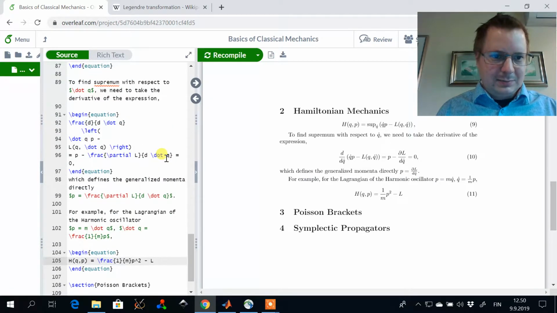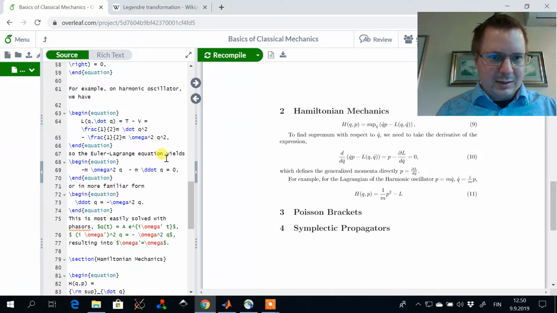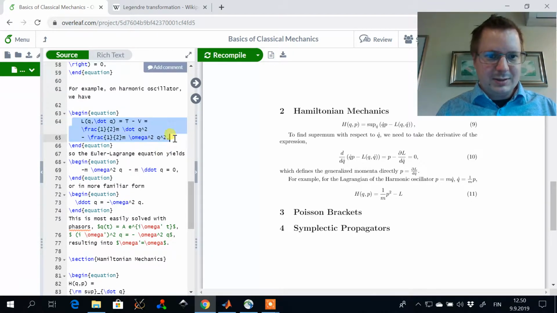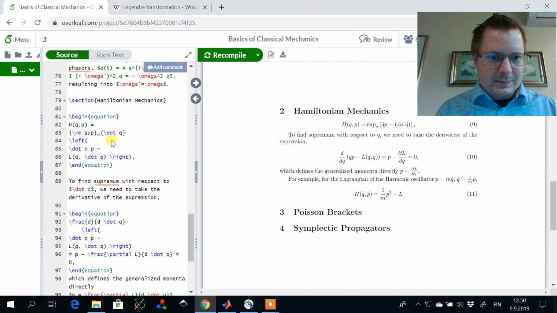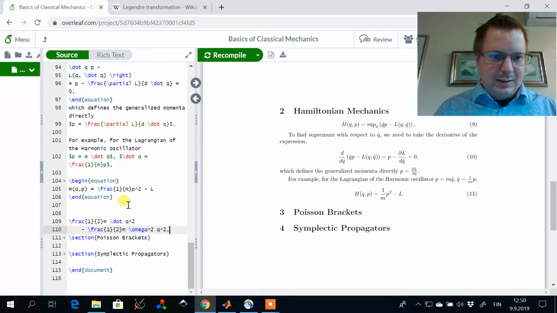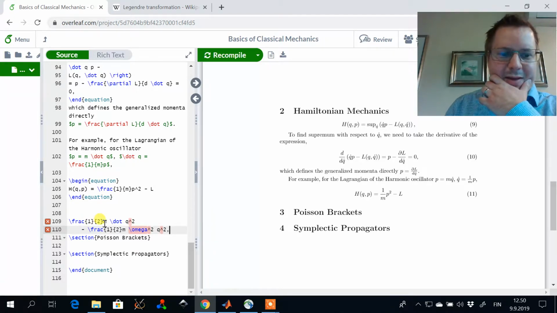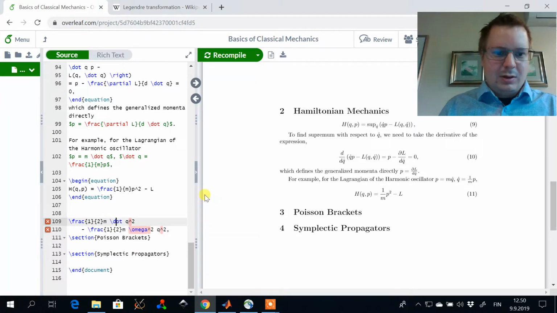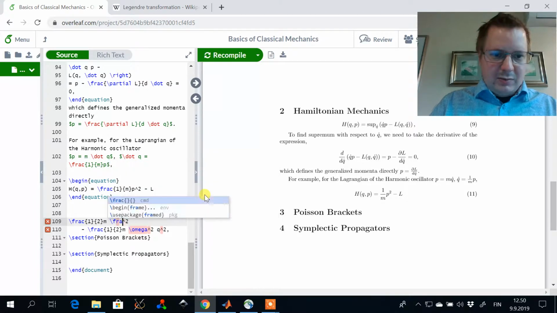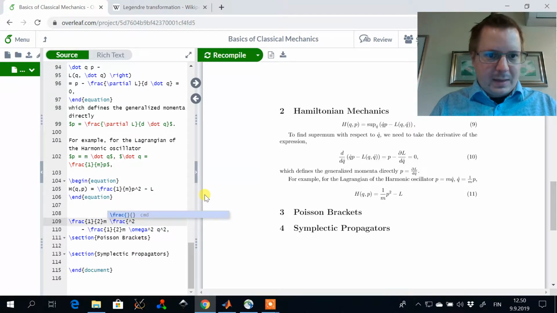The L in the case of the harmonic oscillator looks like this: we have 1/2 m and then dot q, but dot q was actually p divided by m.